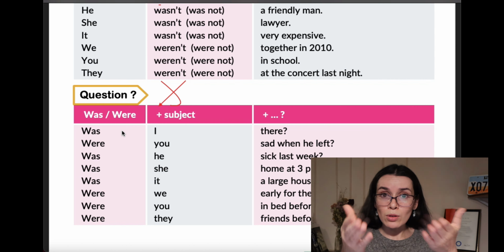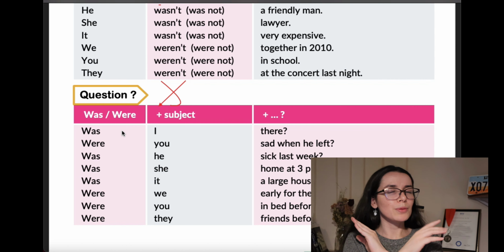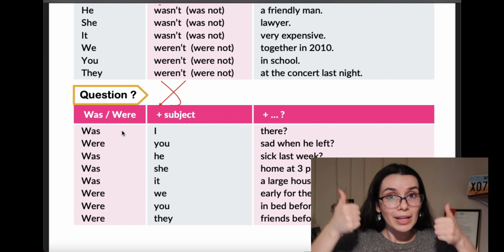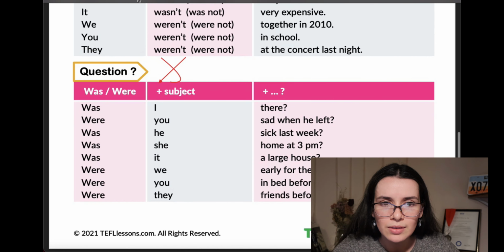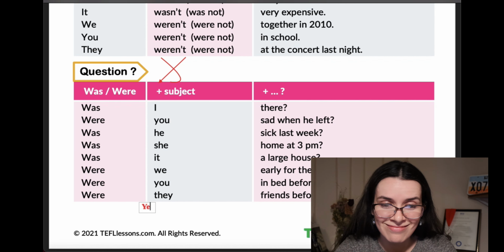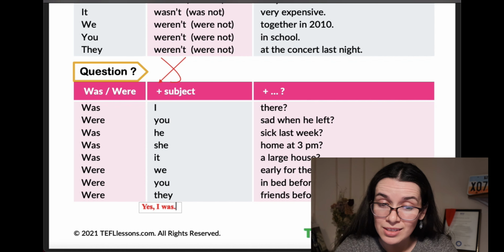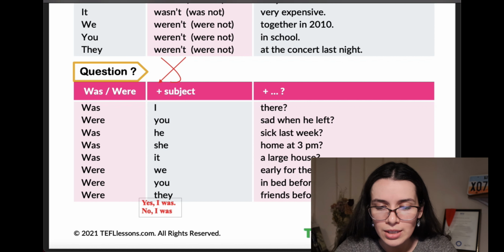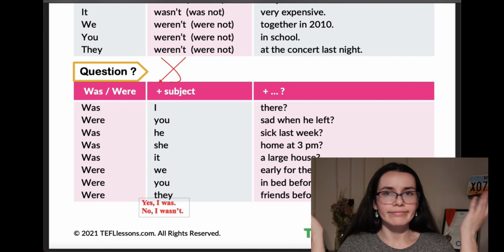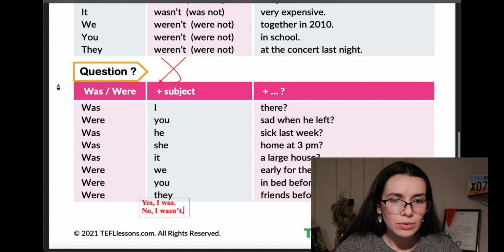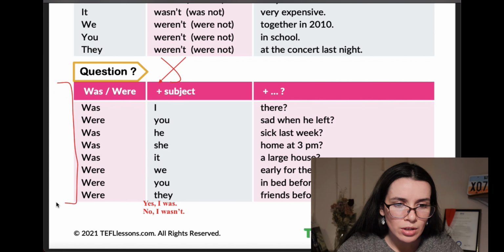Or I can ask you, were you hungry yesterday night? And then my correct yes answer would be yes, I was. Or no, I was not, or contracted, wasn't. That's it. Okay.